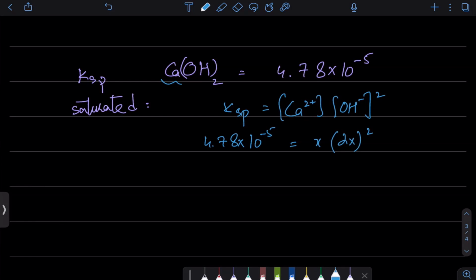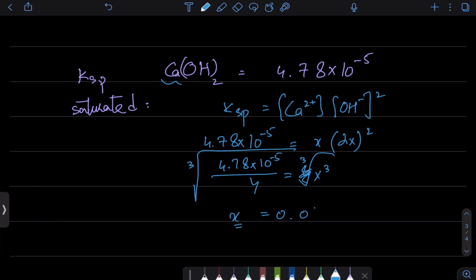So this becomes 4x cubed equals this. I will divide by 4 and then take the cube root, and this will give me some value. So x comes out to be 0.0229. This is the mole per dm cube of calcium ion in a saturated solution.